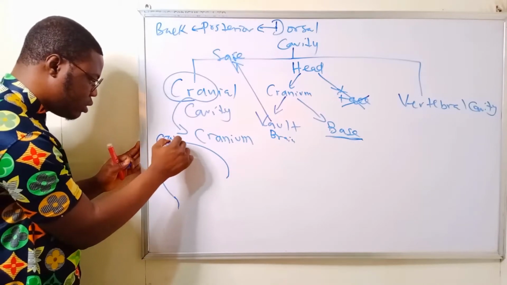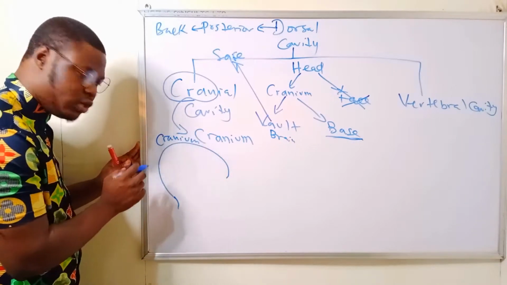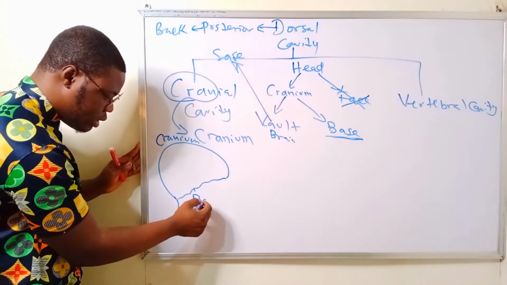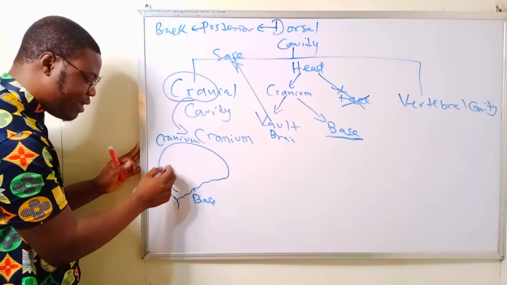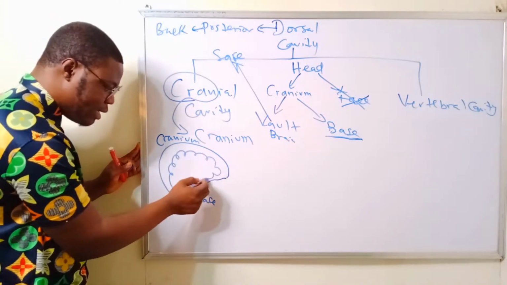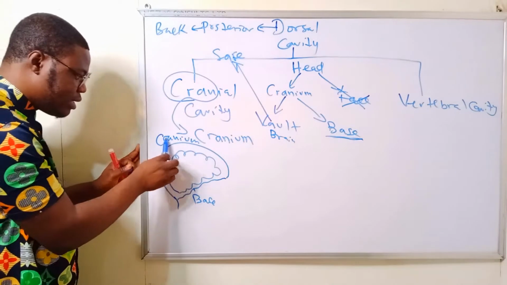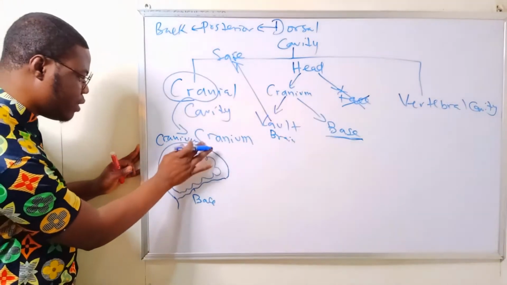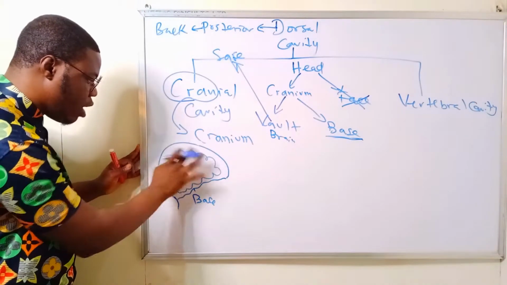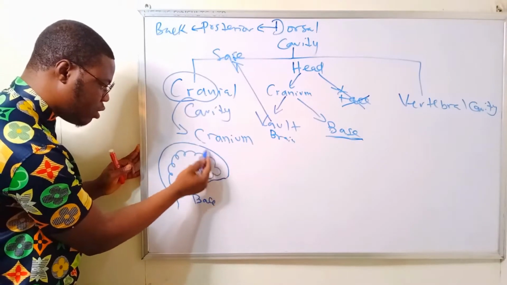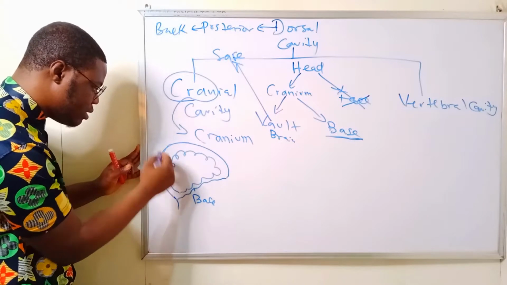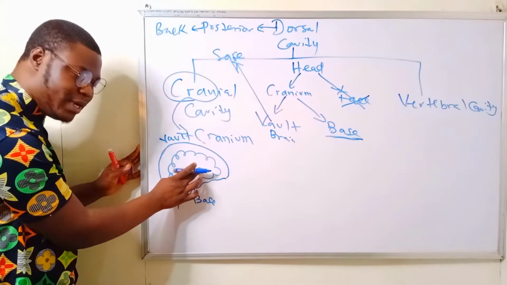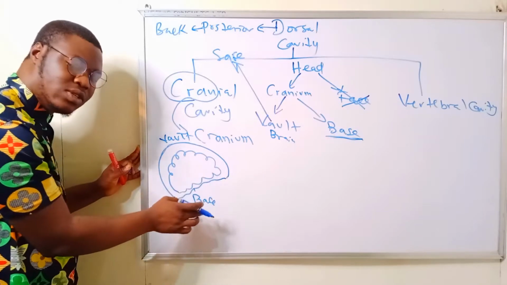Right here, we have the base. And inside this place, we have an important organ called the brain. All these bones, this curved shape structure, is the vault that is keeping this organ, the brain. And the base is where this organ is sitting on.